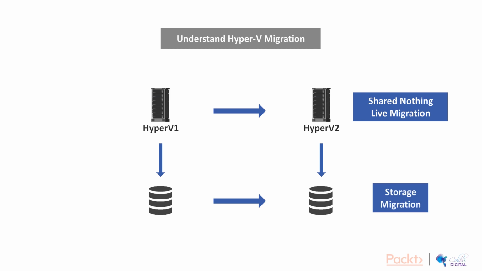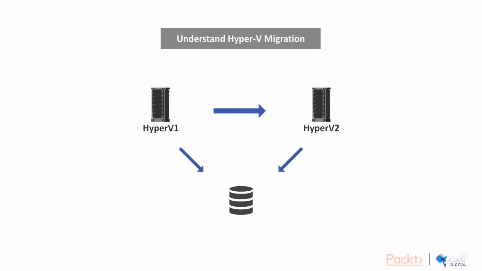Now let's talk about the next slide. This is the case where you have storage shared between your Hyper-V hosts. Basically, this is the most used case you will find in a production environment.